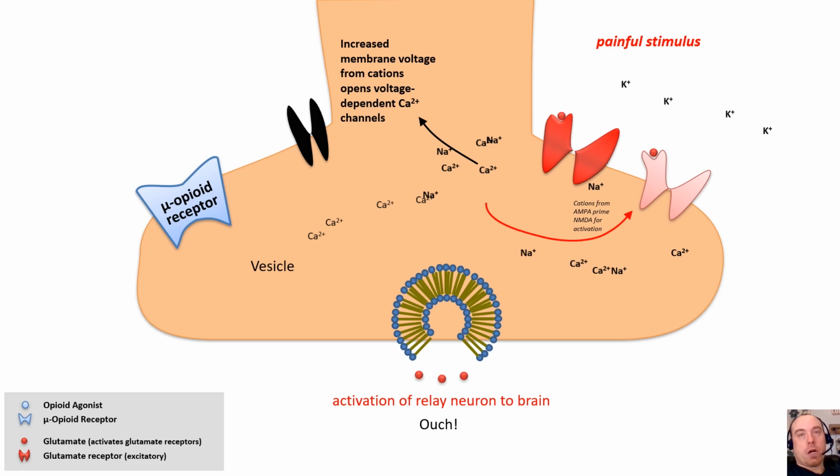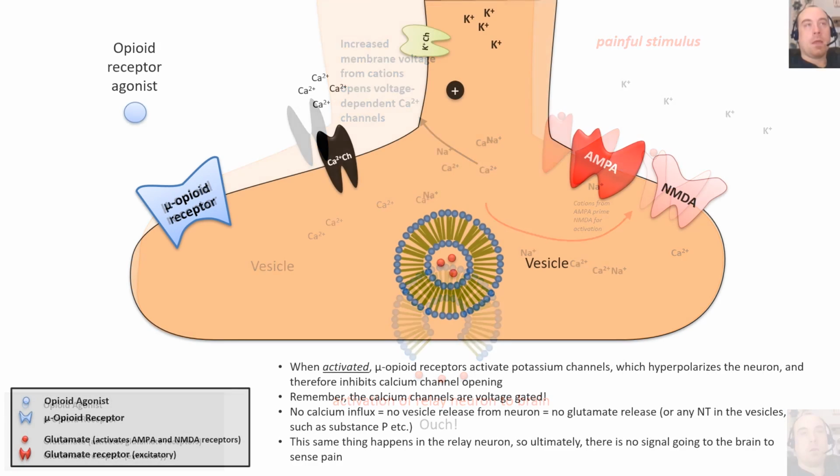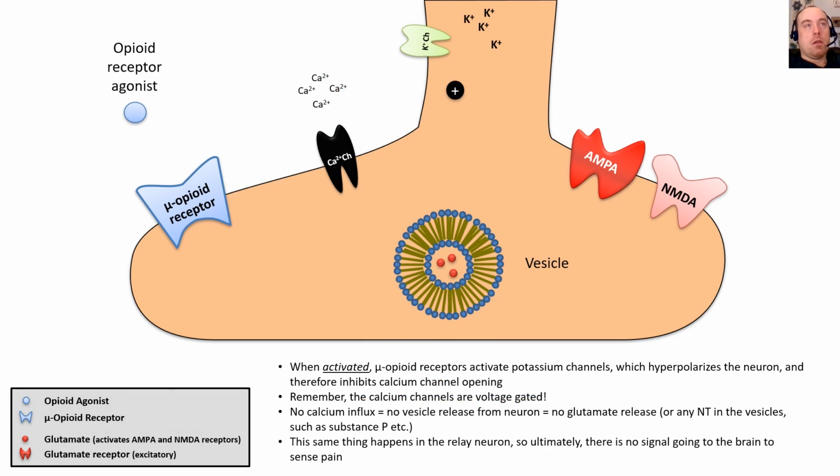So basically, we're going to try to prevent all this from happening by activating an opioid receptor and shutting down some of this activity. We're going to talk about exactly how it happens in the next slide. So now, in the situation where we have an opioid receptor agonist, like any of the drugs that I talked about, or even heroin, we activate the opioid receptor, and then that's going to activate something I haven't really talked about much, the potassium channels.